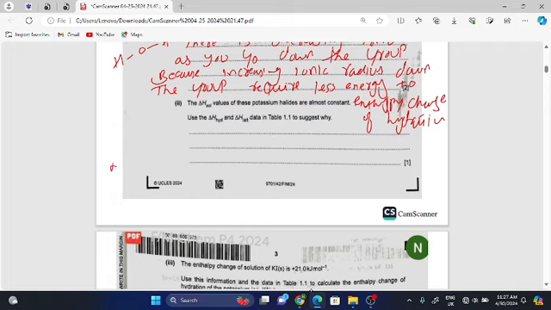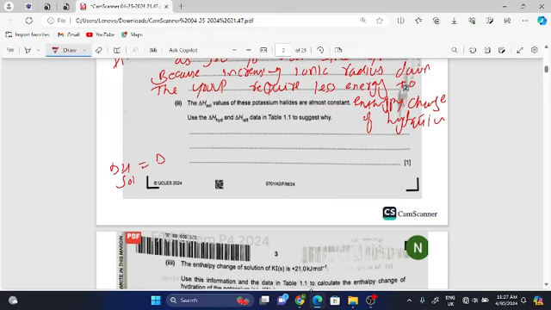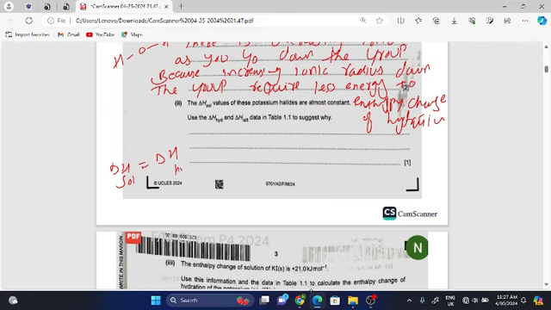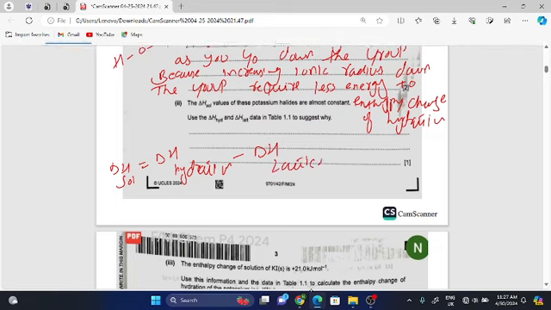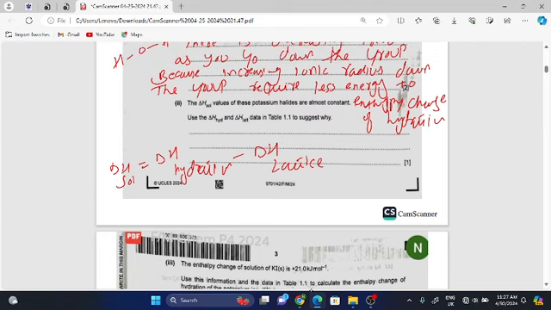Delta H solution equals delta H of hydration minus delta H of lattice energy. As you go down the group, the decrease in lattice energy and hydration energy is almost the same, so that's why they show constant behavior.